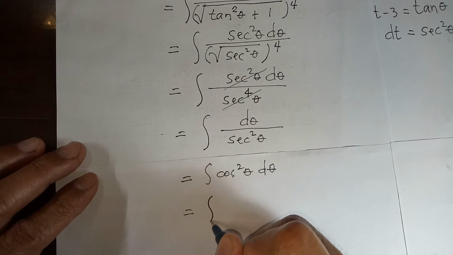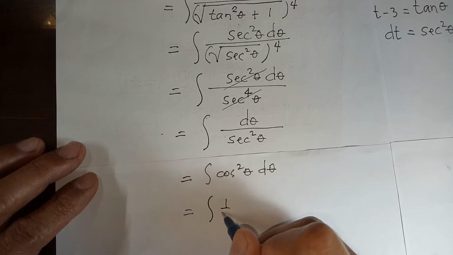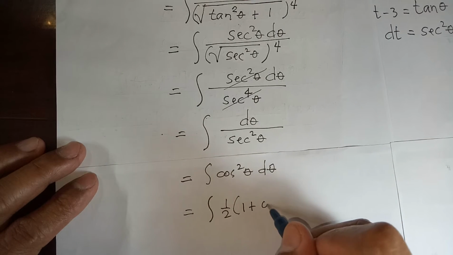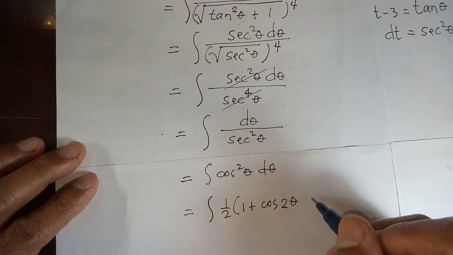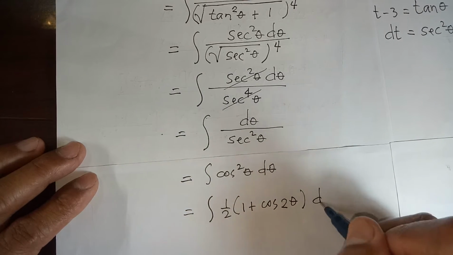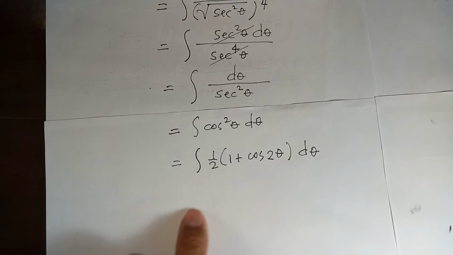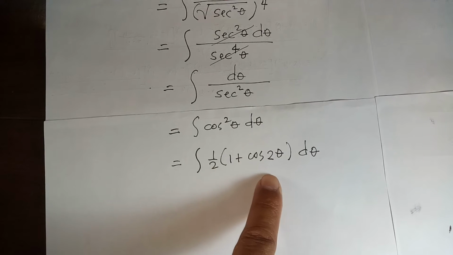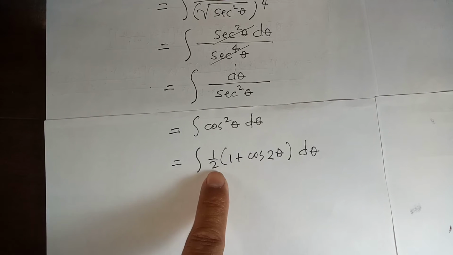So, ang tamang identity na gagamitin natin ay 1/2 (1 plus cosine of 2 theta) d theta. Ang gagawin natin ngayon, para kita natin ang integration, ay multiply natin yung 1/2 sa loob at paghiwalay natin yung integration ng bawat term.